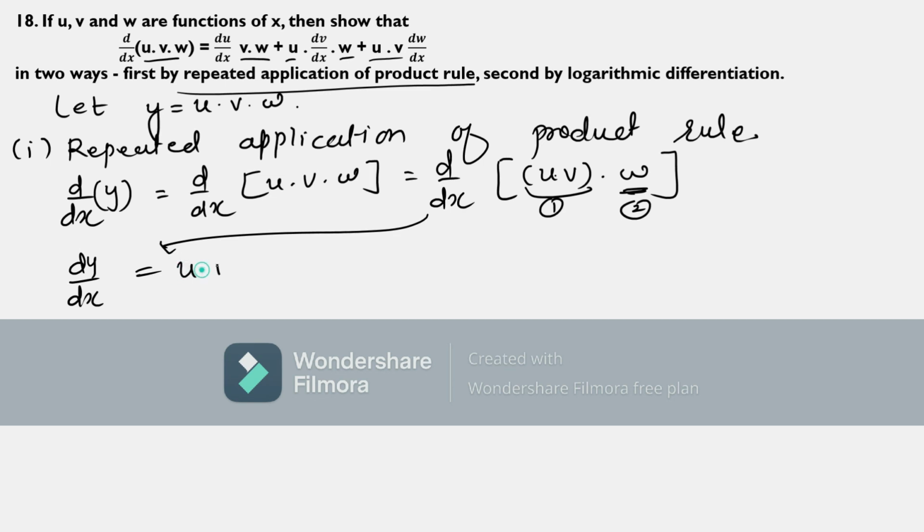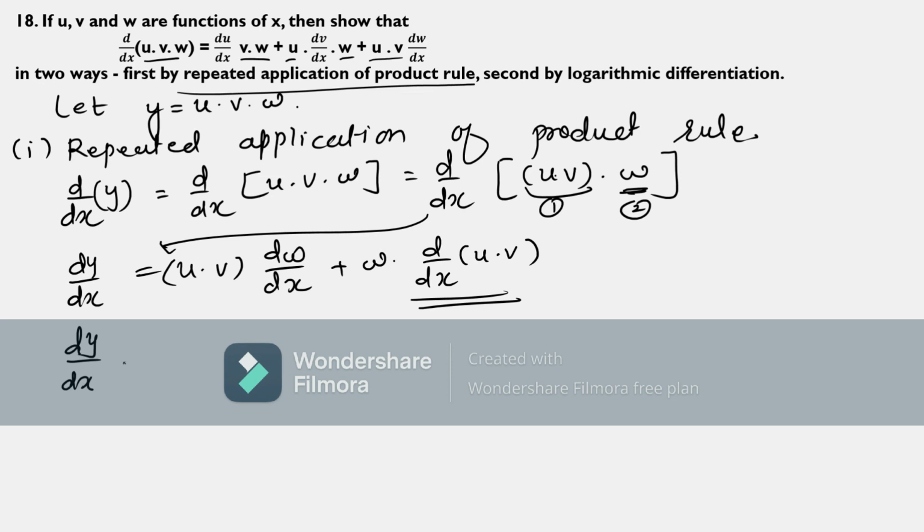So u into v as it is and differentiation of w, plus w as it is and differentiation of u into v. Again I can apply the product rule, because we are using repeated application of the product rule.